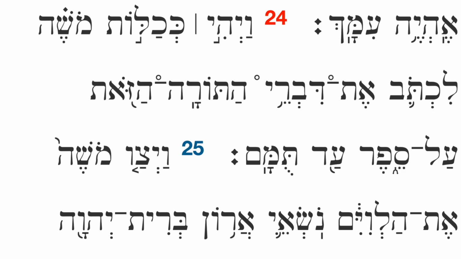Al sefer, on a scroll. Some translations will say in a book, but again, that translation is anachronistic. There were no books at this time, so to speak. On a scroll is a much more reasonable, historically reasonable translation. Ad tumam, to the very end. And so sefer, the masculine singular absolute form, we see it here.